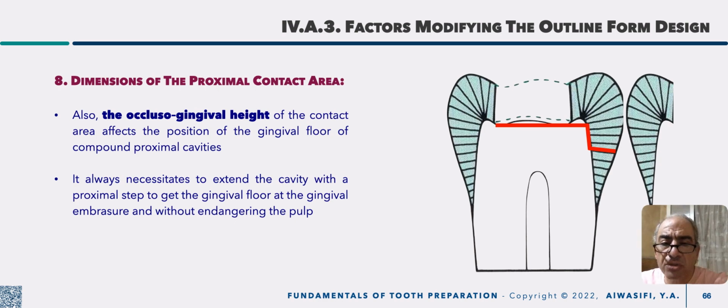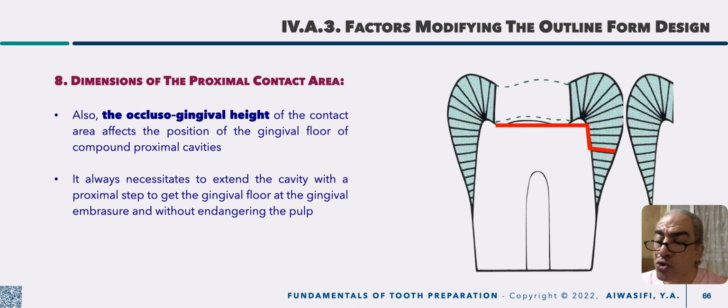You are running around the pulp without involving the pulp. Again, the default design for any compound or complex cavity is without step. You are in need of a step according to the occlusogingival height of contact area, of carious lesion, or any stagnation area like any groove running on the buccal or the lingual.